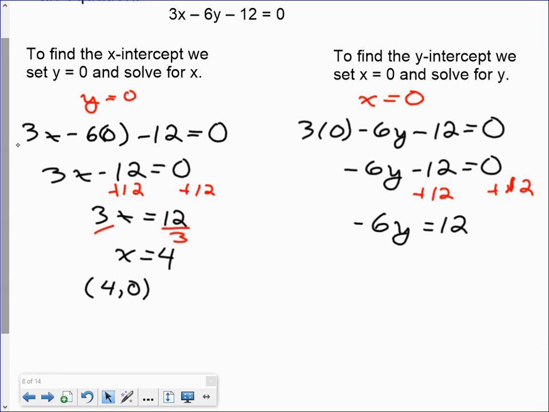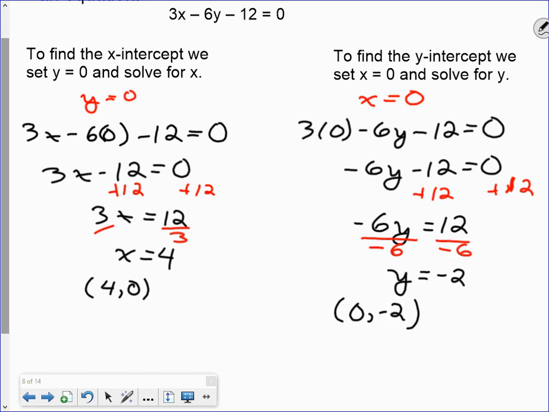And then we can divide by negative 6 to get y equals negative 2. So our y-intercept is y equals negative 2, or the point 0, negative 2, because we set x equals to 0 and our y is negative 2.